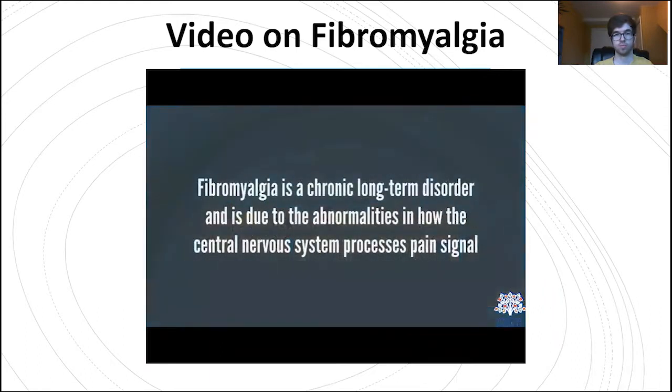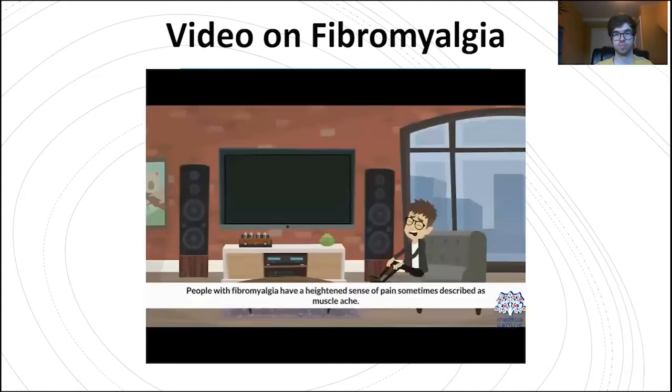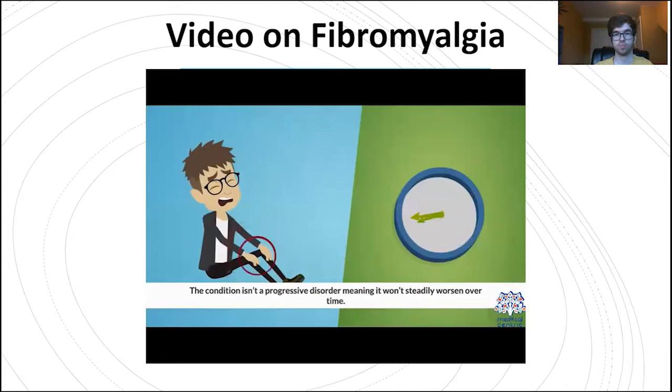Fibromyalgia is a chronic long-term disorder and is due to abnormalities in how the central nervous system processes pain signals. People with fibromyalgia have a heightened sense of pain, sometimes described as muscle ache. The condition isn't a progressive disorder, meaning it won't steadily worsen over time.